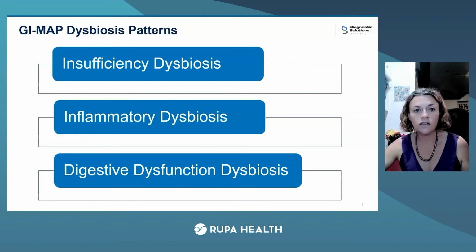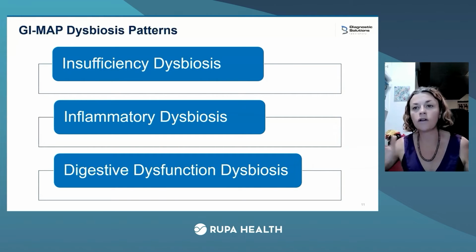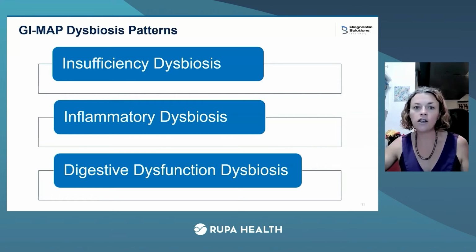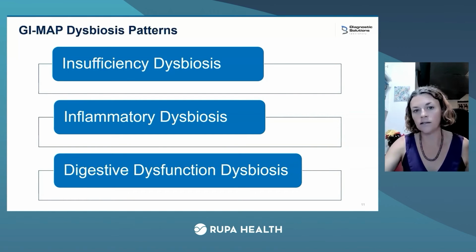I'm going to go through each of those in a little bit more detail. But when you're interpreting these tests, I would really encourage you to ask yourself, does this test fit into one of these three patterns? Then it really makes everything easier when you start to look at it through this lens.